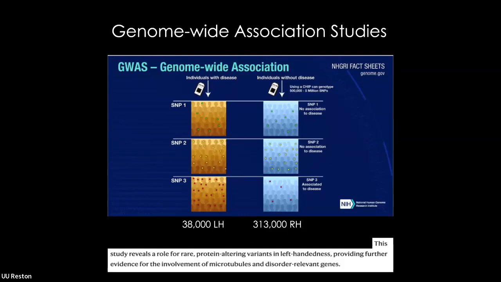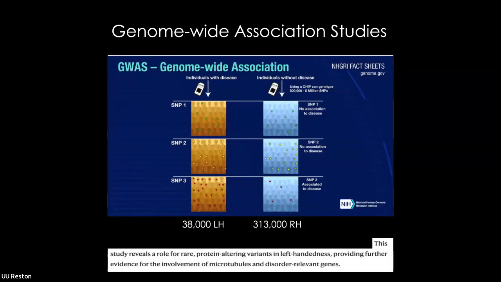And just the numbers, they had 38,000 left-handed people and 313,000 right-handed in the bank of data that they could use. So it more or less represents the percentage of left-handed to right-handed people.